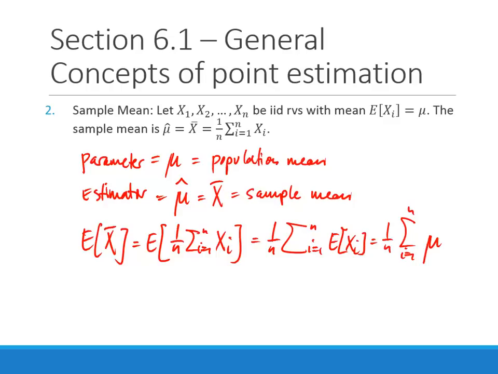So if I take the average of n things that are all the same, I just get mu. So again here, mu hat or x bar is indeed unbiased for the population mean.